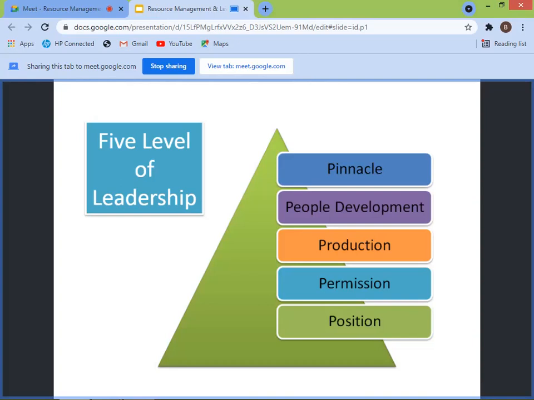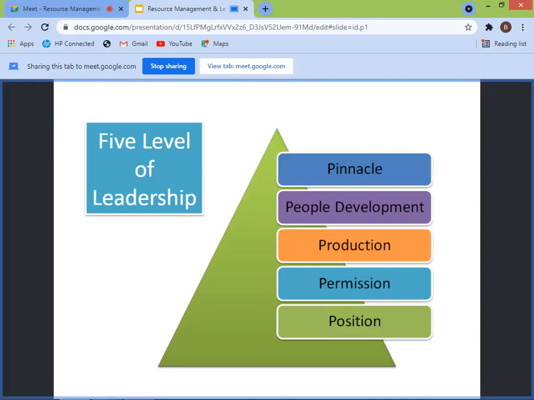If you're a good leader, you can clone yourself to produce more leadership. You make them grow in the company, in the organization. They become managers themselves, leaders themselves, because of your training and development. So people development is a very good level for leadership.